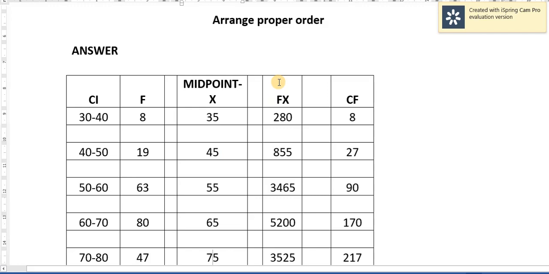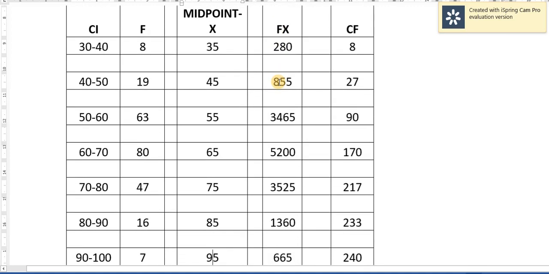Before solving, what is the mean formula? The mean formula is x bar is equal to sigma fx divided by n. First we have to find the sigma fx value.